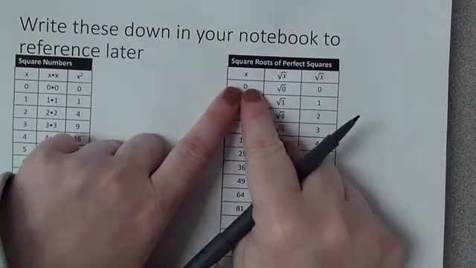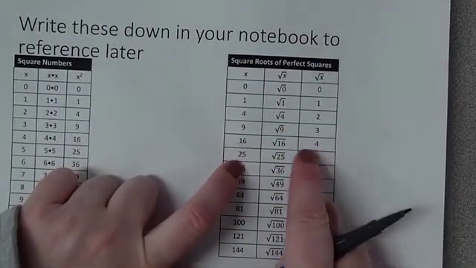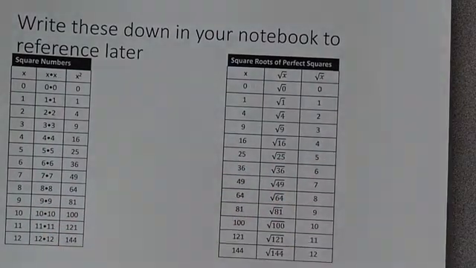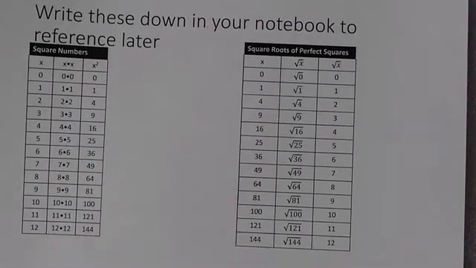If you're taking the square root of 16, it's 4, square root of 25 is 5, square root of 64 is 8. So pause the video and write those in your notebook, that way you have them to look at anytime you need to.